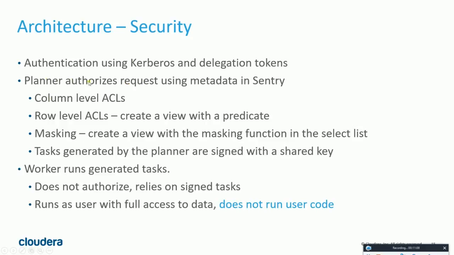The planner authorizes requests using metadata in Sentry. So it authorizes column-level ACLs, which means a user can only see certain columns on the table or on the record. Then there are row-level ACLs, which create a view with a predicate, which means you would create a view by filters.